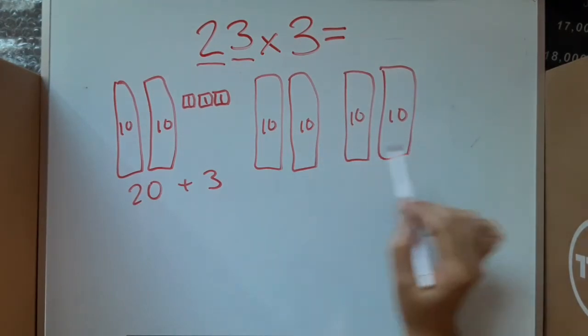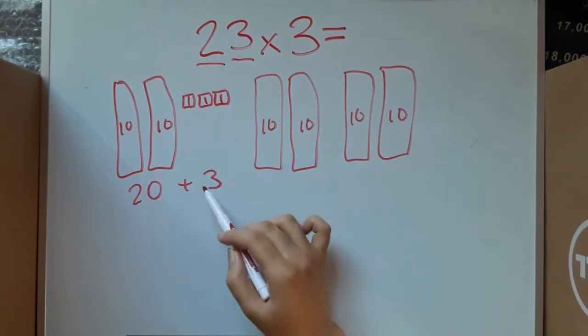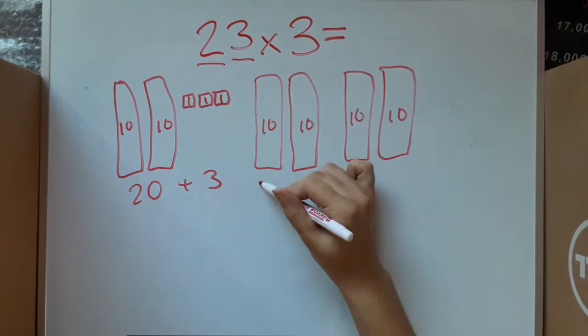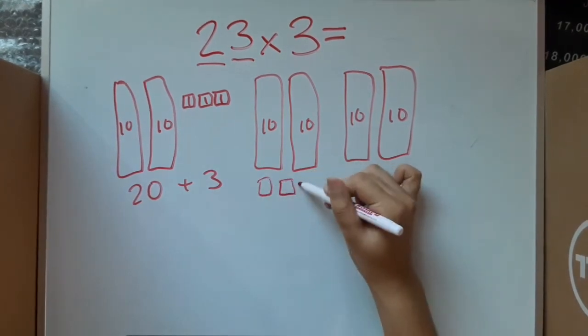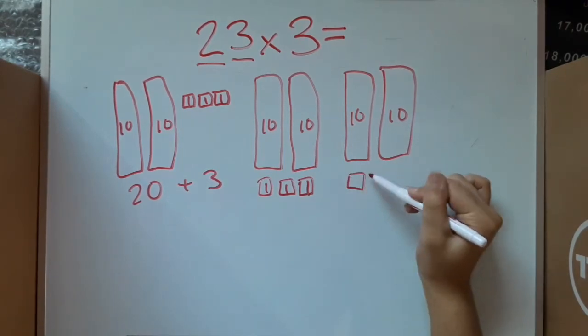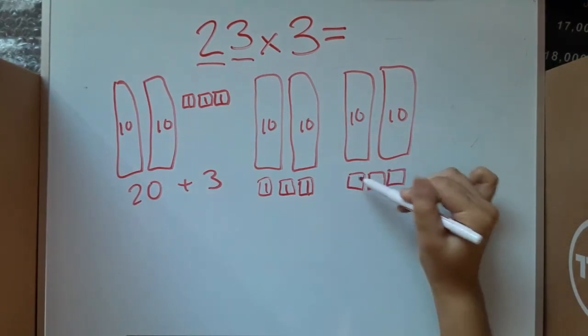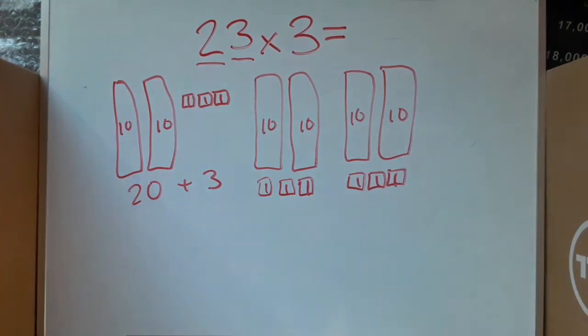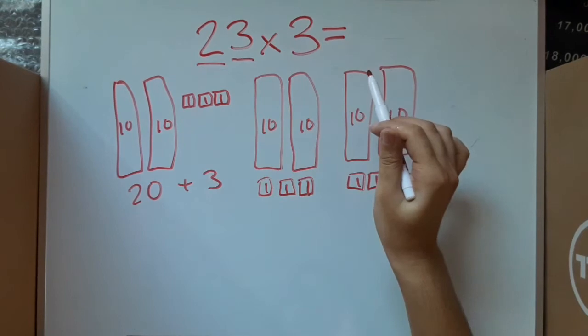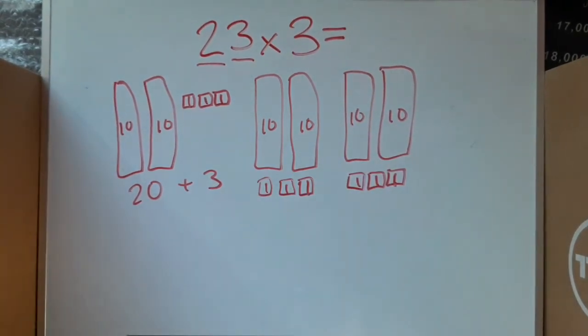And now we'll do this 3 and make 3 sets of it. So we have 3, another set of 3, and another set of 3. Now we have 23 times 3, but now we know that there are exactly 3 sets of 23.